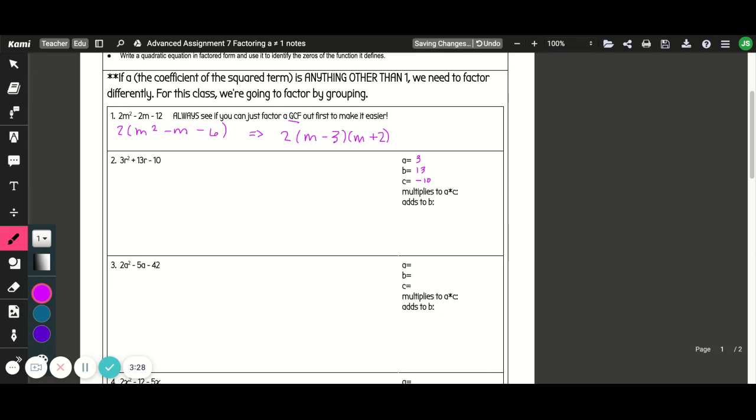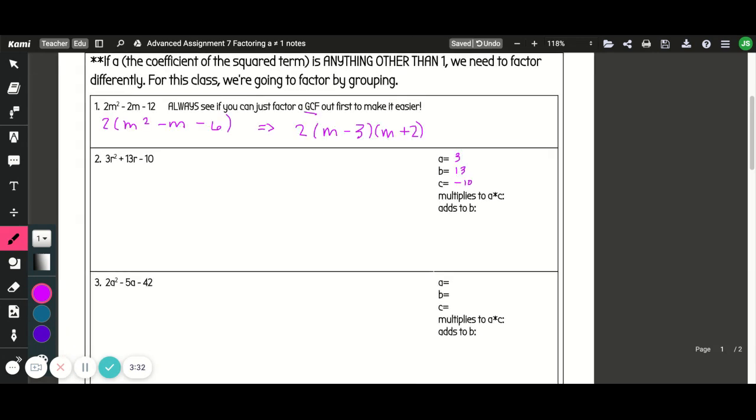So instead of just finding a number that multiplies to -10, now I need to find two numbers that multiply to A times C. A is 3, C is -10, and 3 times -10 is -30. So I'm looking for two numbers that multiply to -30.